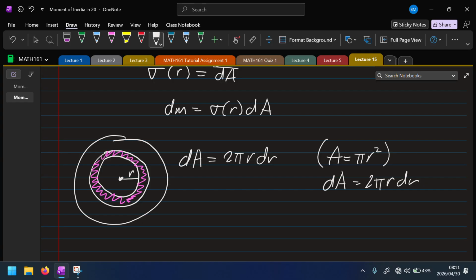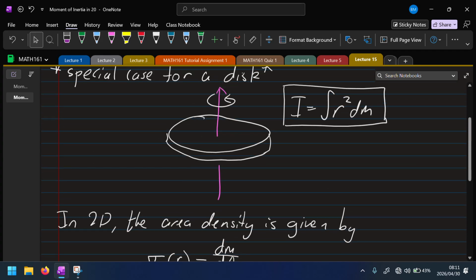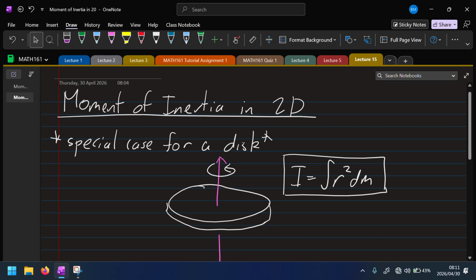Okay, so let's substitute everything in and get our formula. So the moment of inertia I will be the integral. We're going over the radius, so it will be from the center of the circle that has radius 0 to the outside of our disk, outside of the circle that has radius, let's call it capital R. So we've got the bounds now.